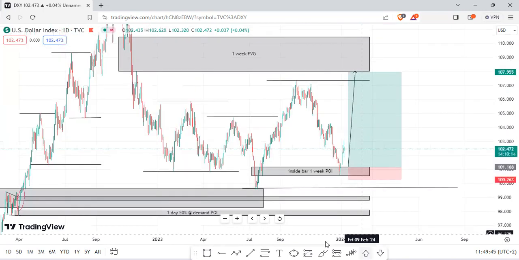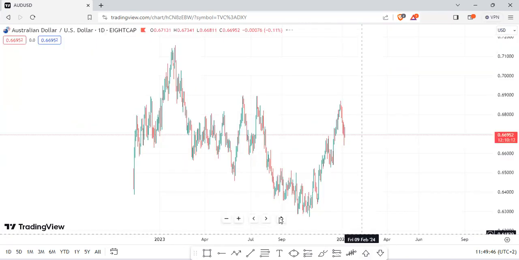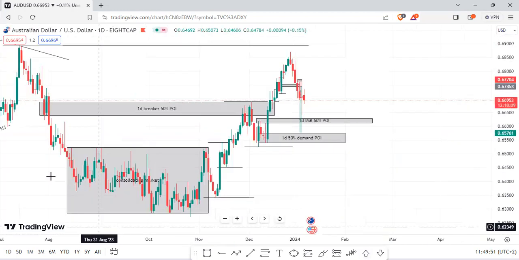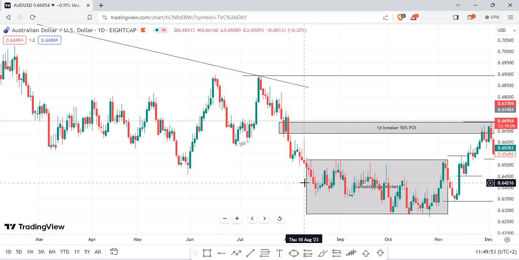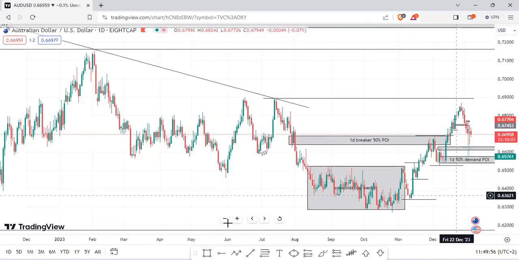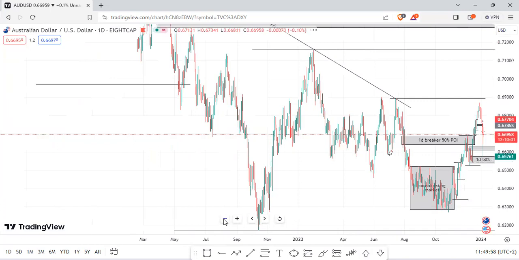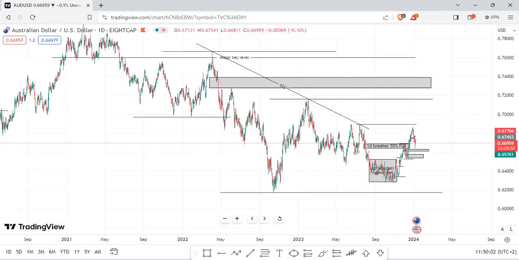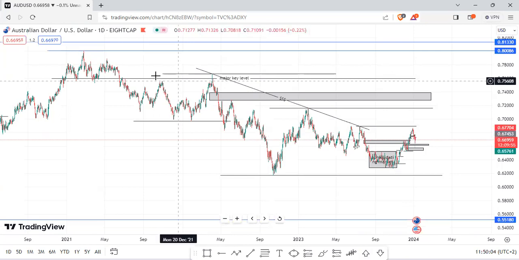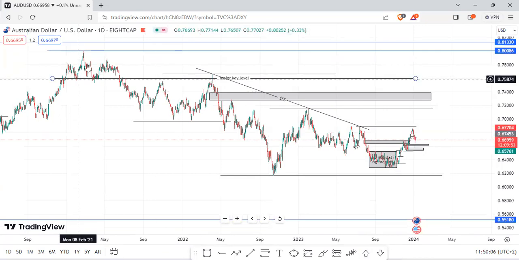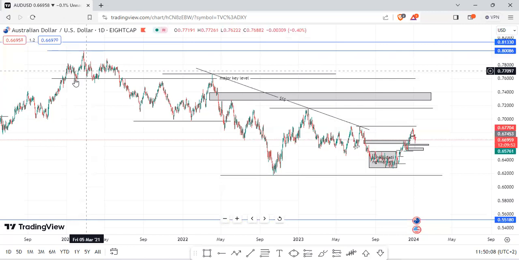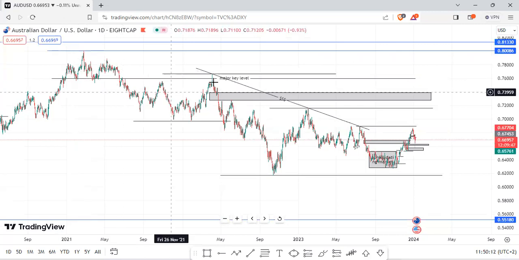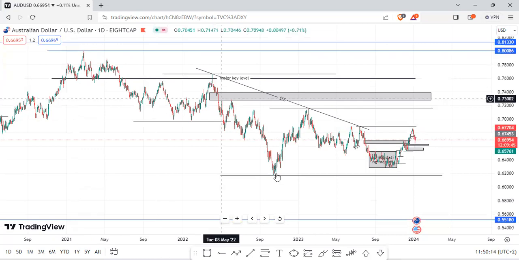Now let's drop over to the Auto USD. So on the Auto USD, you see that we had this major key level here that was being played above, retesting, broke, retested, went down, retested, and then continued down.